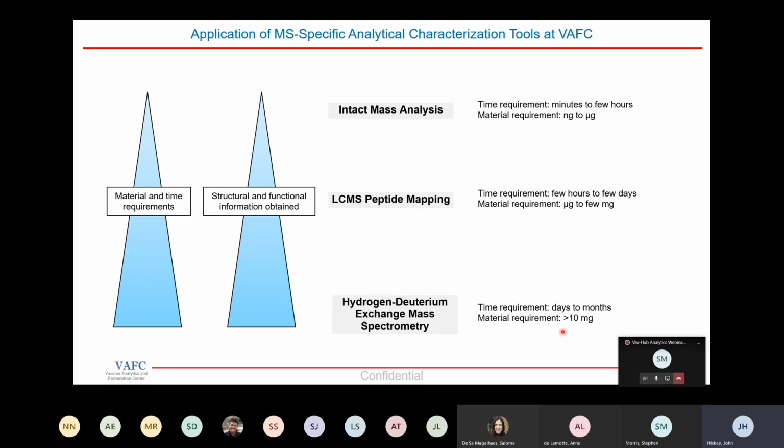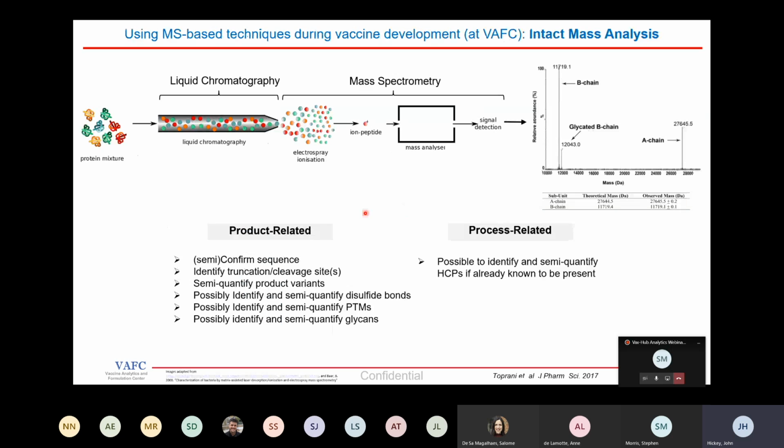And so for the next few slides, I'm just going to give a quick primer for each of the 3 techniques, how they work, just so everyone has a little bit of background. So for intact mass analysis, you have a protein mixture that goes through a simple chromatography. You can use this for separation, but this is more for desalting the protein mixture to get it ionized and into the mass spectrometer.